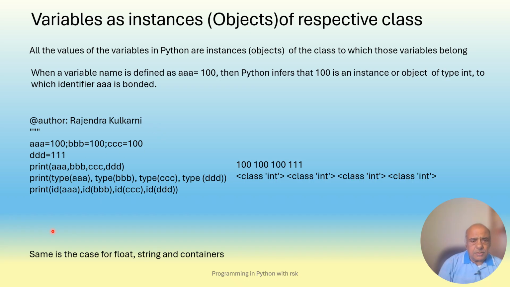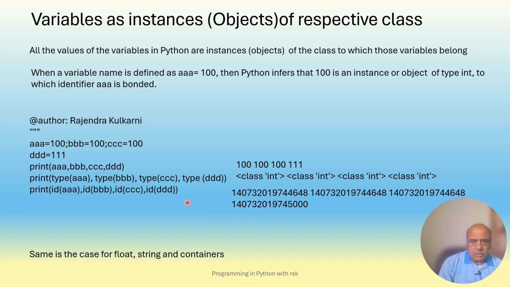Then we take the ID of all these 4 variables, AAA, BBB, CCC, DDD. What we get is the ID of AAA is this much, which ends with 4648. ID of BBB is also ending with 4648.